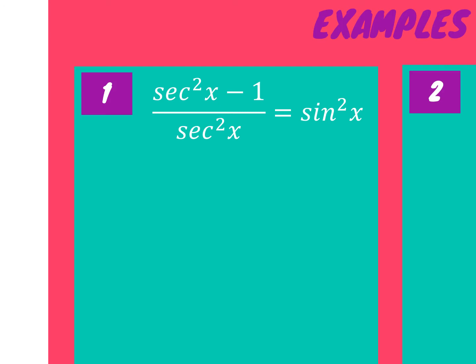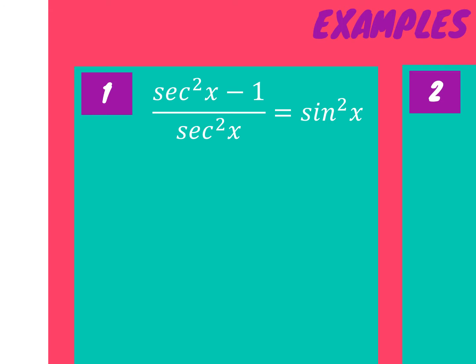Now, one thing that you may want to do is, so my first one, I can take a look here. A lot of times when I see a square, I'm thinking I might want to try to do a Pythagorean identity. And that's what I'm going to use for my numerator.